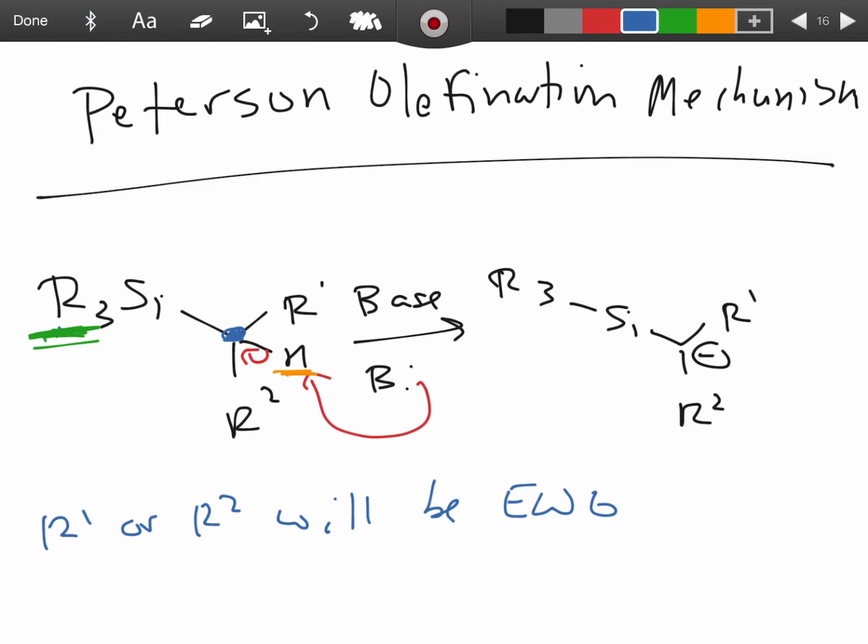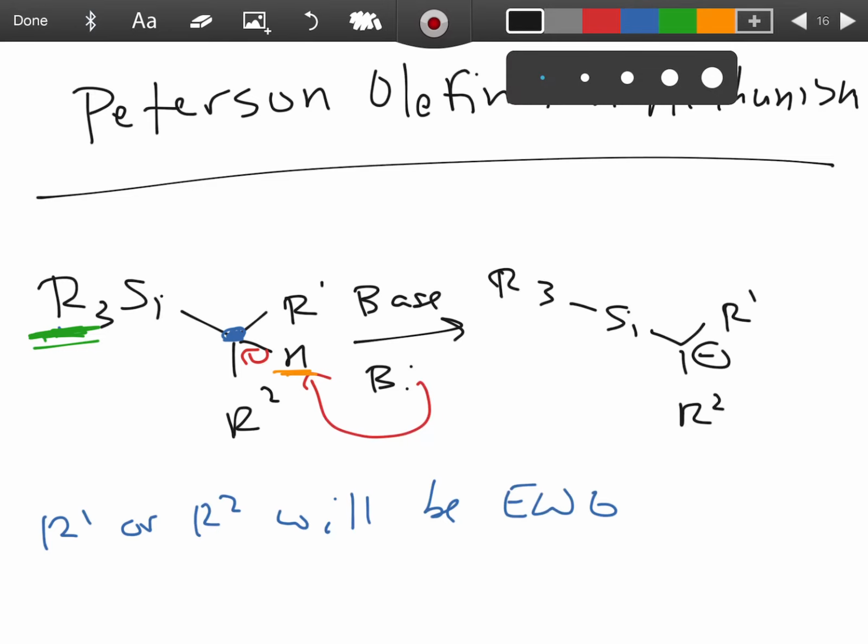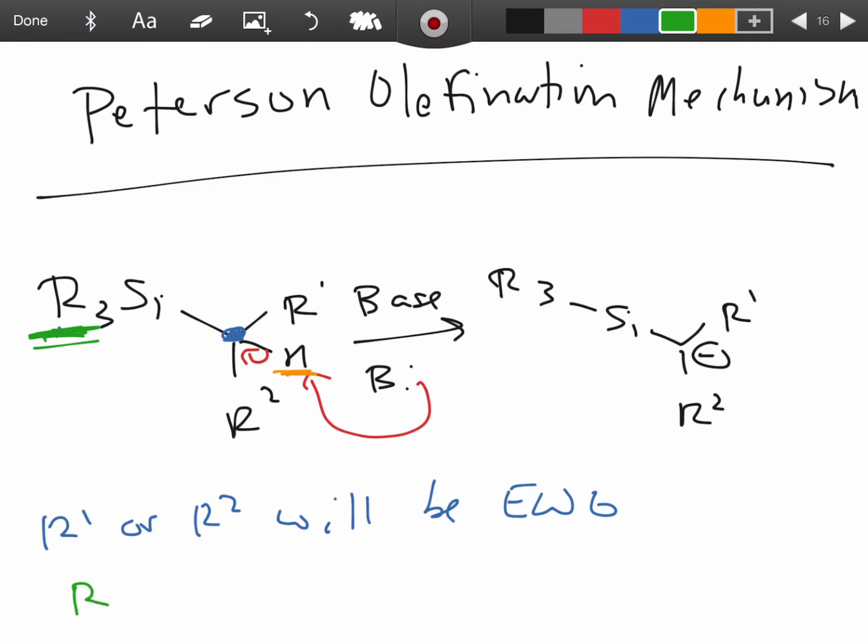So like I was saying, R1 and R2, one of them is typically electron withdrawing, or in some other way stabilizes an anion, or the R group is sterically hindered. So in a lot of examples, they use triisopropyl, because it's really hard to get to those hydrogens if you have three isopropyl groups on your silicon.